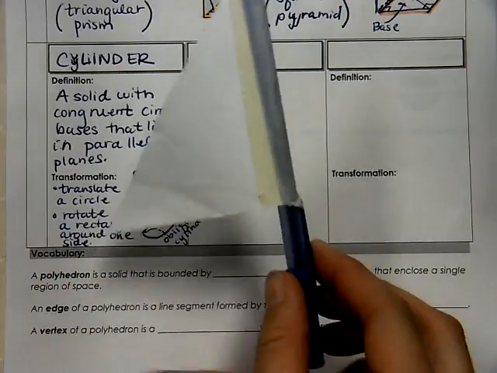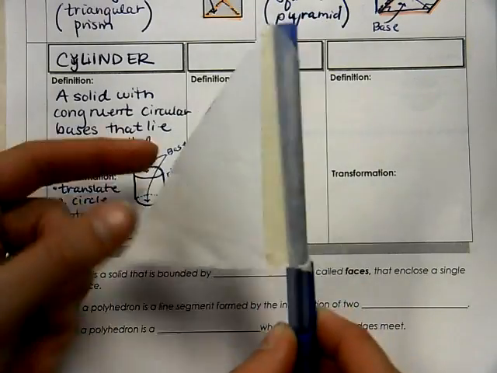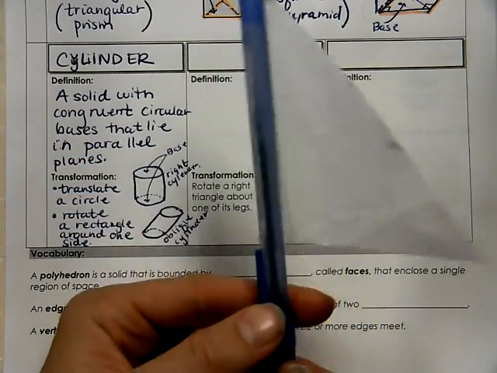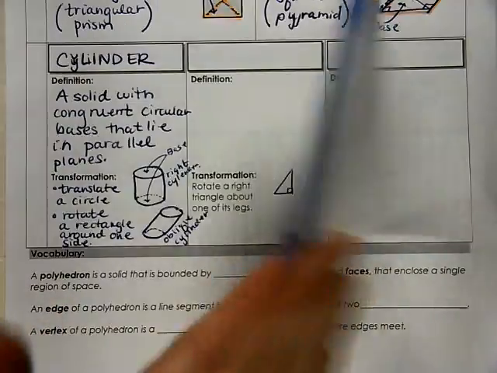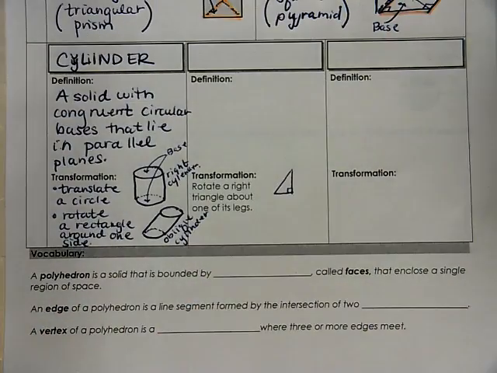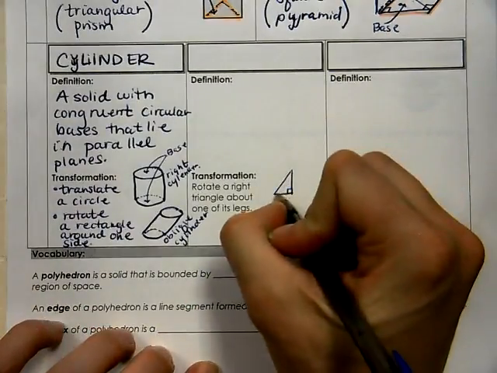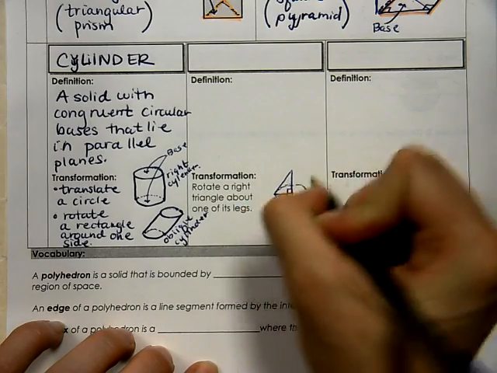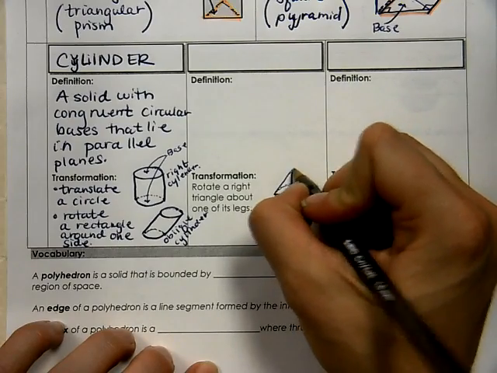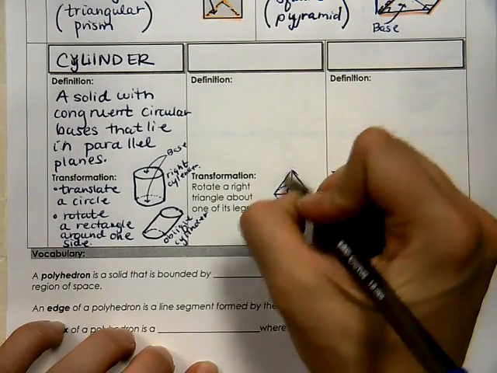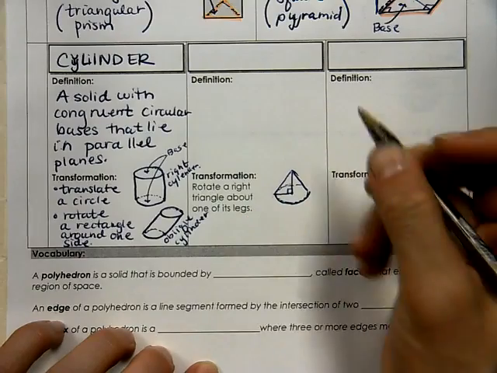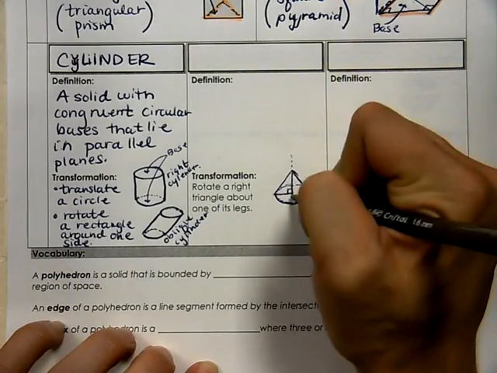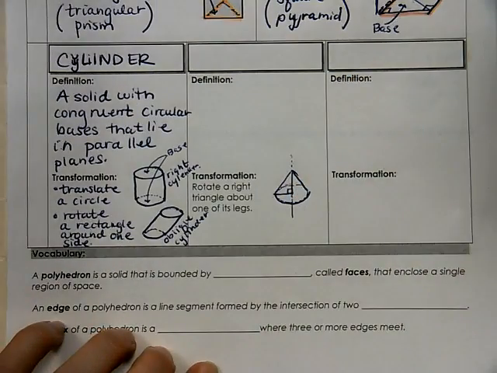It's tough to see, but you do end up getting a cone. If I rotated that around this side, it would rotate all the way around, and you'd see the hypotenuse rotate too, and we would end up getting a cone.